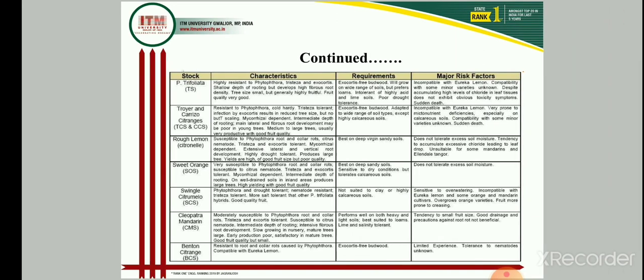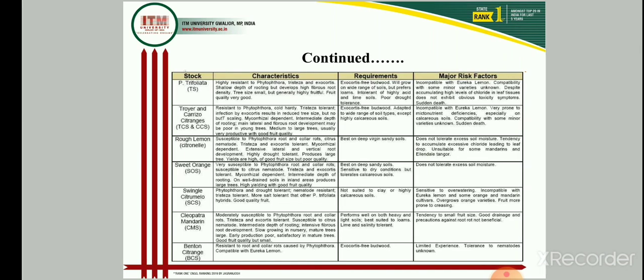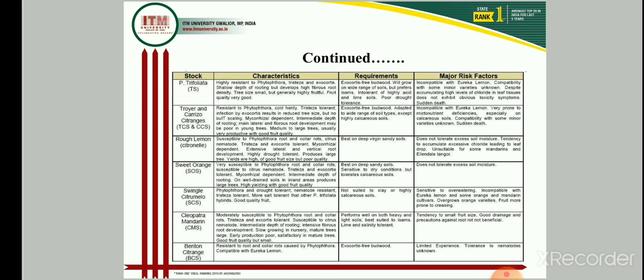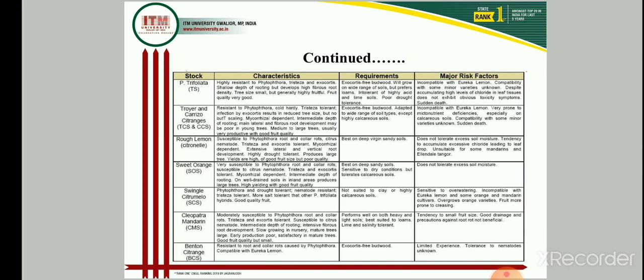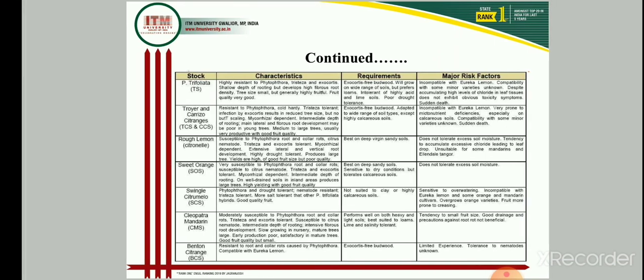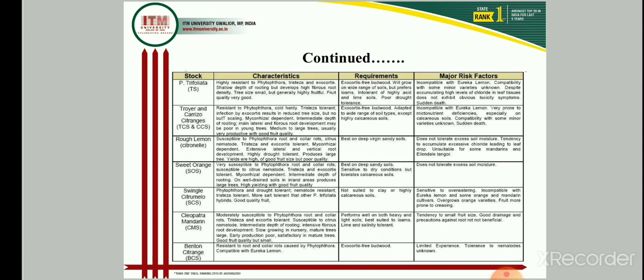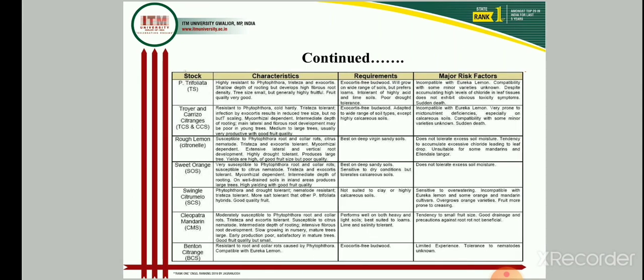These rootstocks are most commonly utilized for citrus cultivation, where in this table the characteristics, their requirements and major risk factors have been mentioned. Among all these, trifoliate orange, Poncirus trifoliata, was reported to be one of the best rootstocks for the citrus fruit.